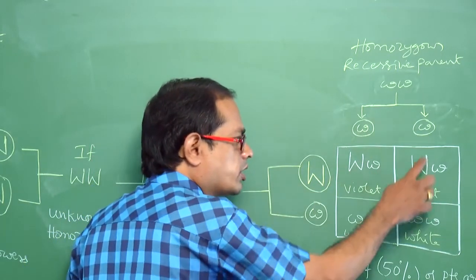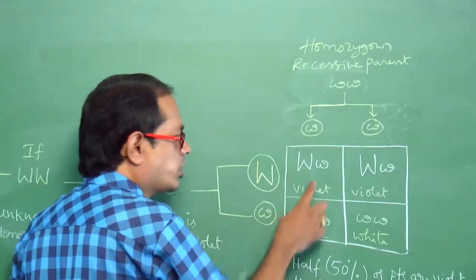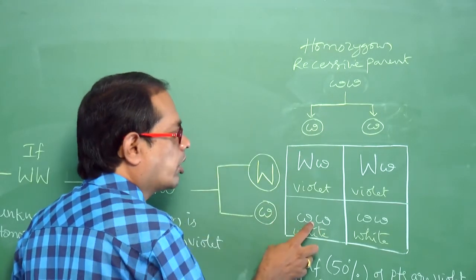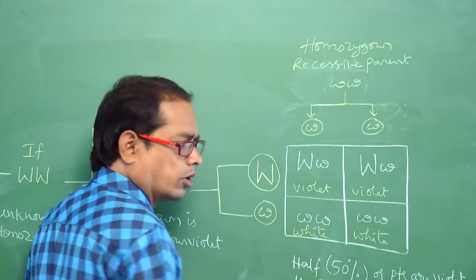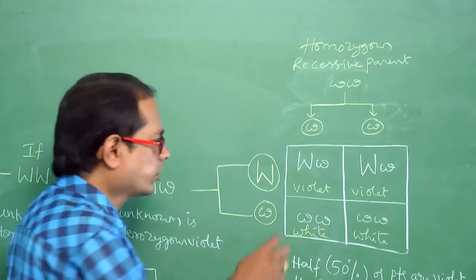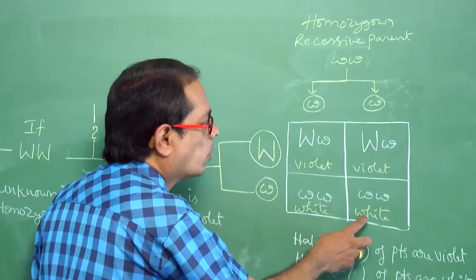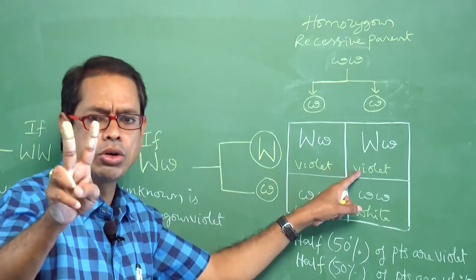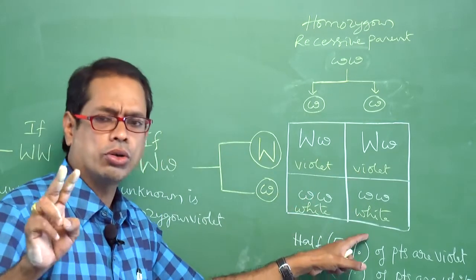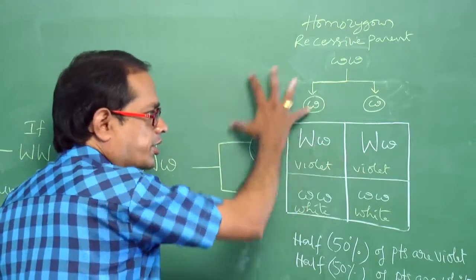This is crossed with this one, capital W, small w. This is crossed with this one, small w, small w. This is crossed with this one, small w, small w. What is the color of the flower? Violet, violet, white, white. Out of 4 individuals, how many are violet? 2. How many are white? 2. Ratio 1:1. So this is one cross.